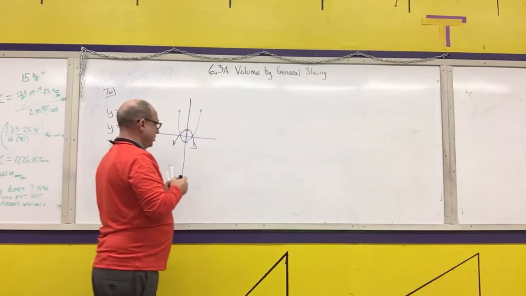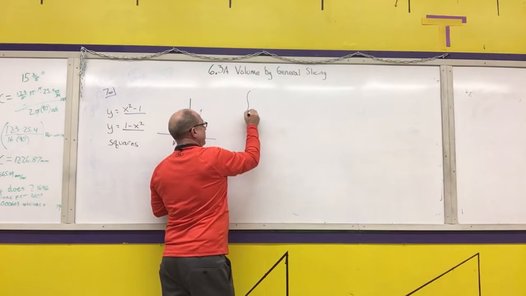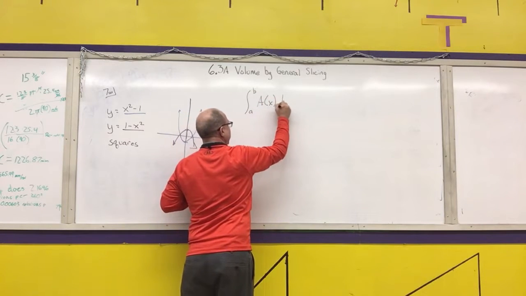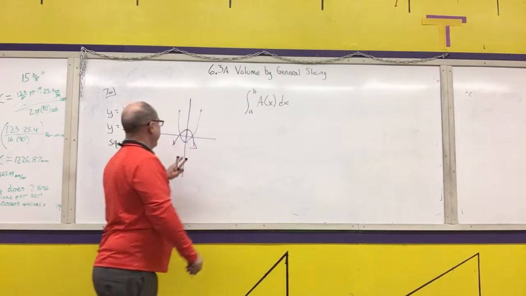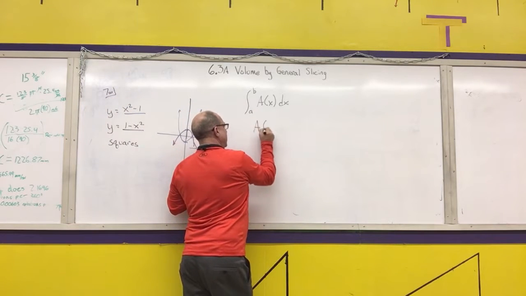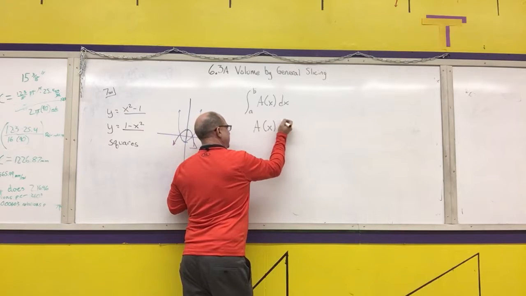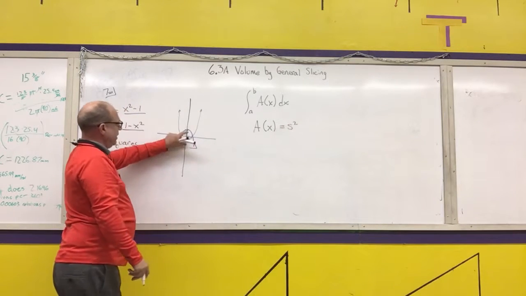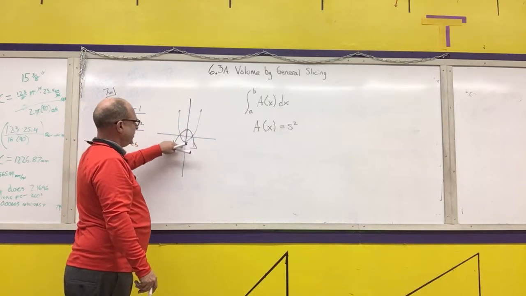Okay? So in order to solve this problem, I want the integral from a to b of my area function dx. Well, my area function, if it's a square, is my side length squared, and my side length is my purple function minus my blue function.